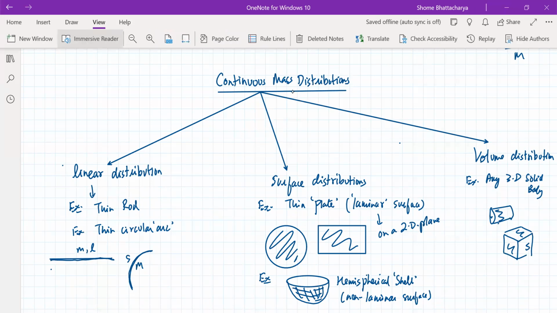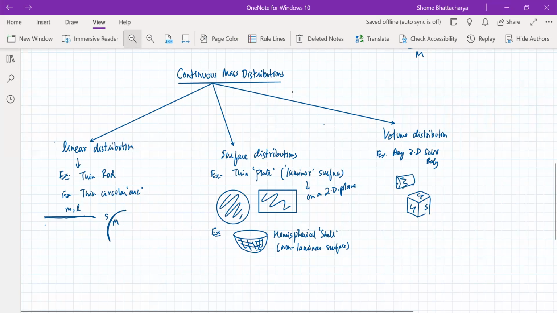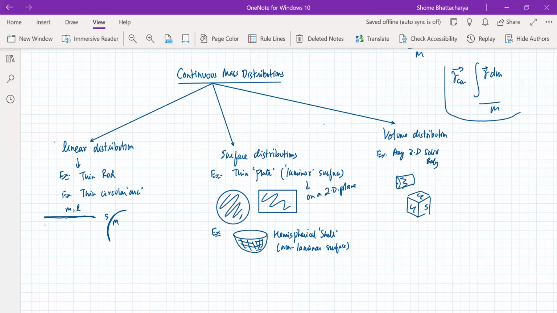So for each category of mass distribution, when we find the position of the center of mass using this formula, integration r dm divided by the total mass, the mass element dm is taken as a different thing.